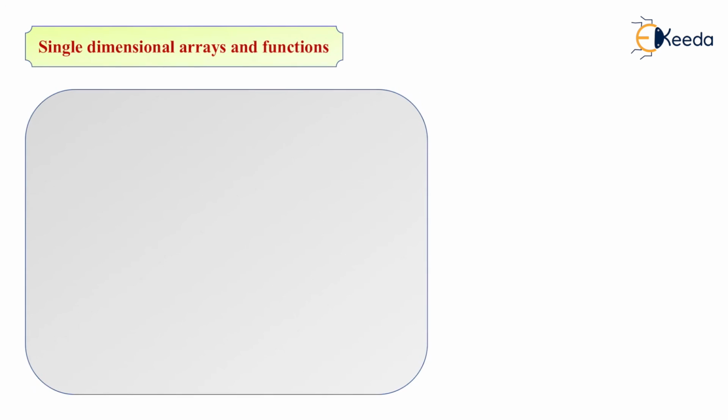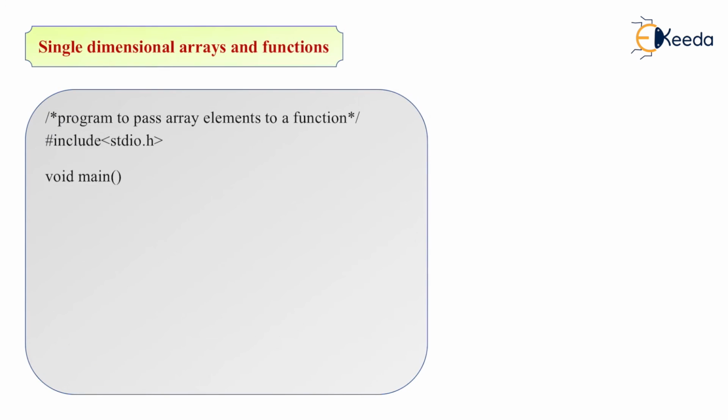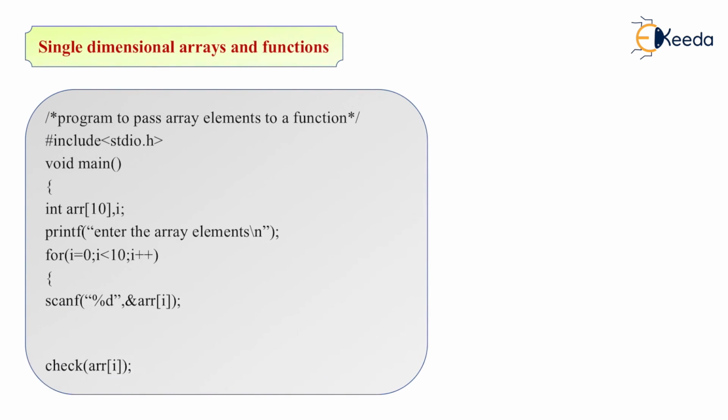Next, single dimensional arrays and the functions which you can use with them. A program to pass array elements to a function. See, in this code what we are doing: we create one array with a size of 10 and one variable i.